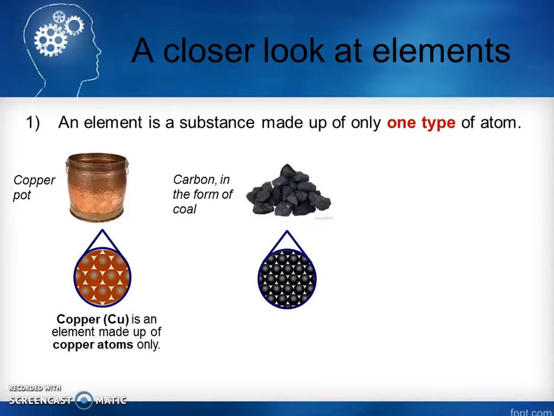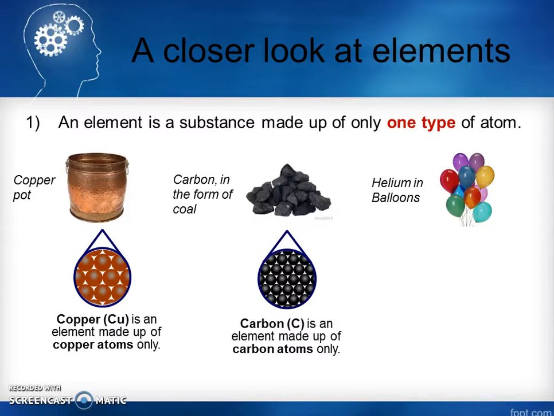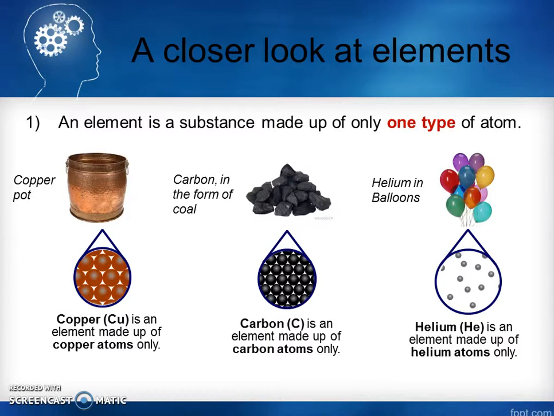Again, if we were to zoom right on in there, we'd see that all the particles, all the atoms, are carbon. Hence, carbon is an element made of carbon atoms only. And once again, helium, if we look inside there, we'd only see helium atoms. Helium is an element made up of helium atoms only.